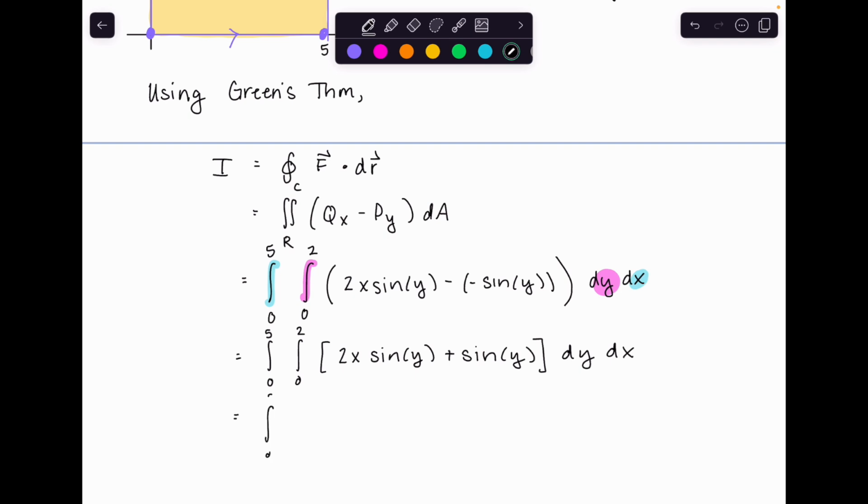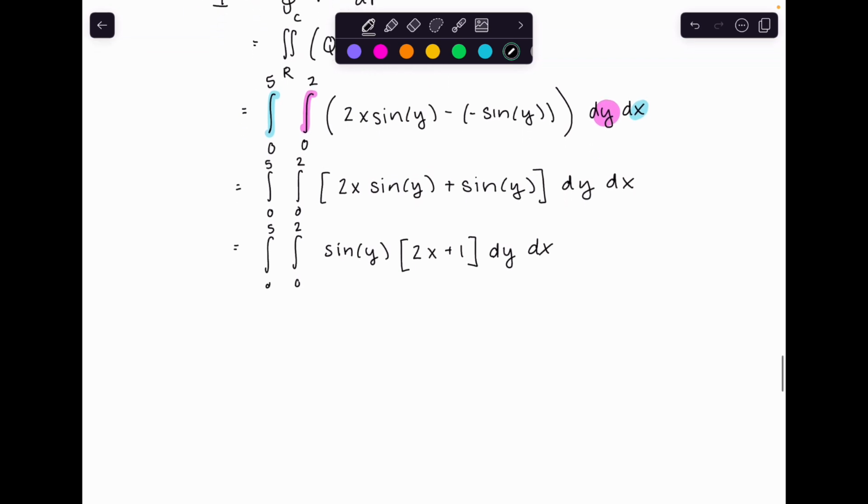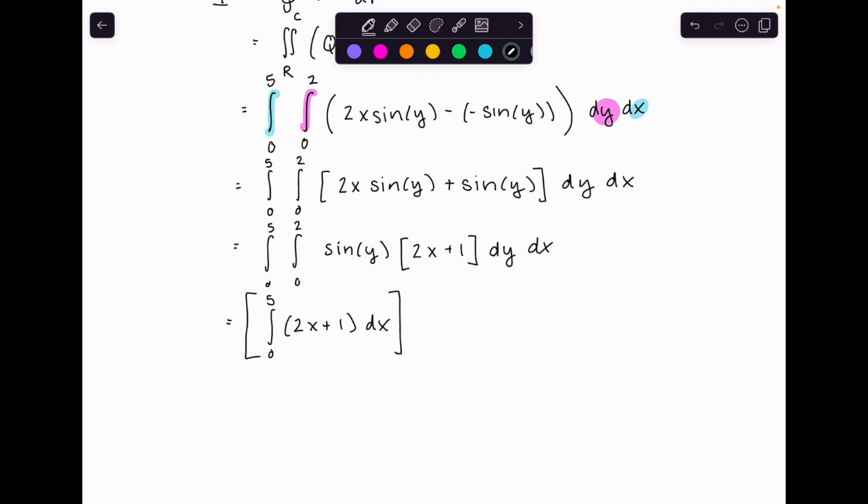So this is actually a separable integral. We can say that this is sine of y times 2x plus 1. So instead of going one variable at a time, I can go from 0 to 5 of 2x plus 1 dx, and then from 0 to 2 of sine of y dy.